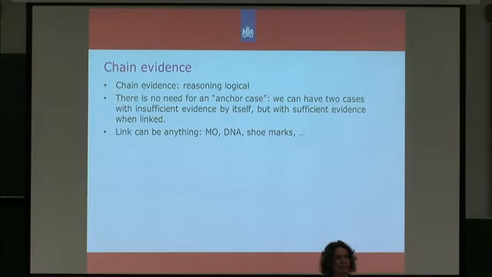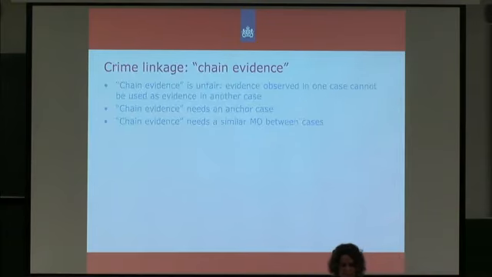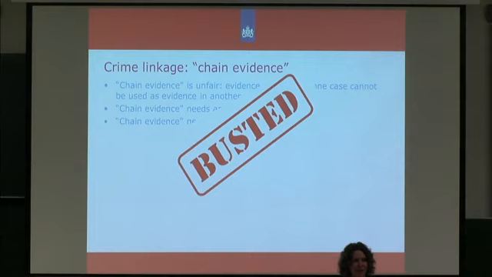There's no need for an anchor case. We can have 2 cases with insufficient evidence by itself, but with sufficient evidence when you link them. And the link doesn't have to be a similar modus operandi. It can be anything. You can have similar DNA profiles or shoe prints or whatever. So these are also busted.